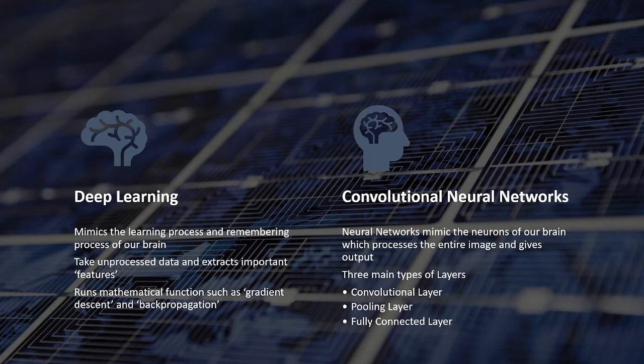In deep learning, it basically mimics us. It mimics the learning process and then it remembers what it learns. For example, you touch a hot pan and then you suddenly remove your hand from there. You learned that the pan is hot, so the next time you won't touch a hot pan. Similarly, in deep learning, it takes unprocessed data and extracts some important features, some important points. For example, in the case of a hot pan, the temperature was that feature.